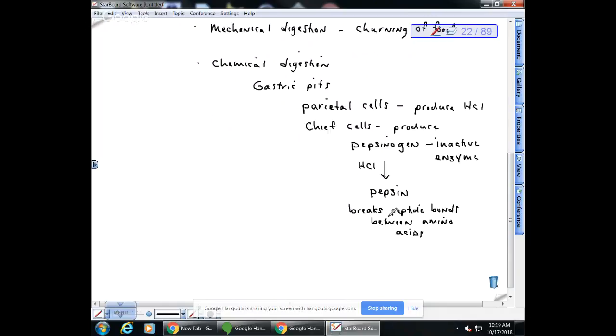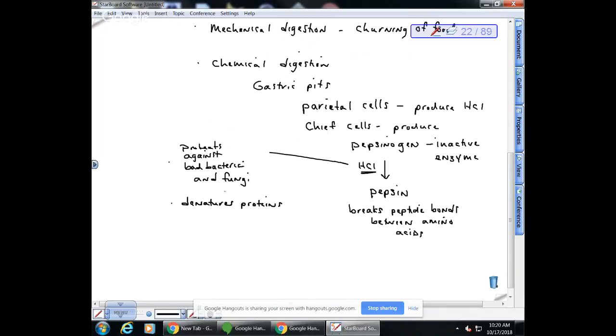The other important thing about this HCl, right? So it protects against infection, so against bad bacteria and fungi that we're taking in with our food. But it also helps to denature proteins, right? So it denatures proteins, so it unfolds them.